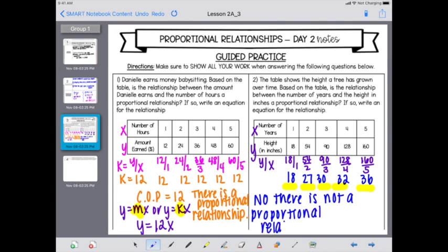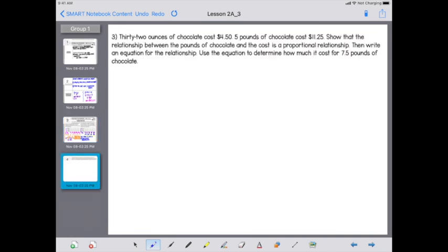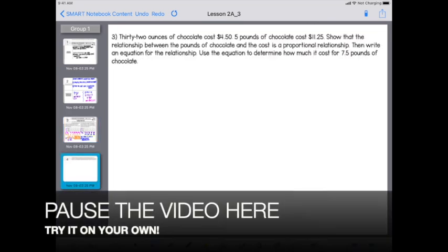And since there's no proportional relationship, you cannot write an equation for the relationship. Again, you don't have the same constant of proportionality, so that means you do not have a proportional relationship. Okay, let's look at number 3. Try this on your own, pause the video, and we will come back and go over it.